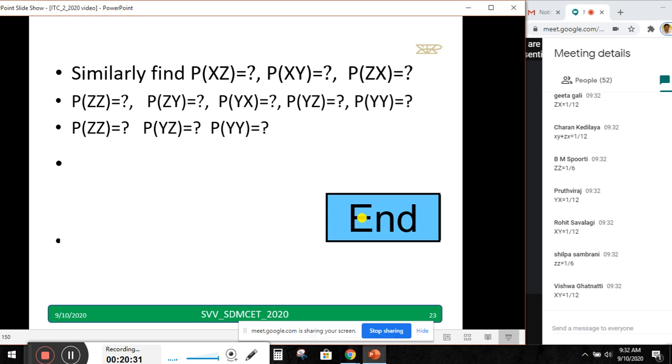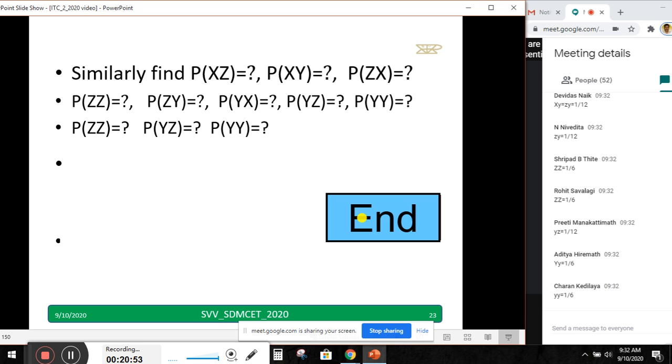XY equal to 1 by 12, Vishwa. Varsha, ZZ 1 by 6. I think most of them are getting 1 by 6 only. Charan, Geeta, ZZ 1 by 6, YY 1 by 6. Karthik, 1 by 6, YY, ZY is 1 by 12. Abhay, Nayak, Lohit, YY 1 by 6.